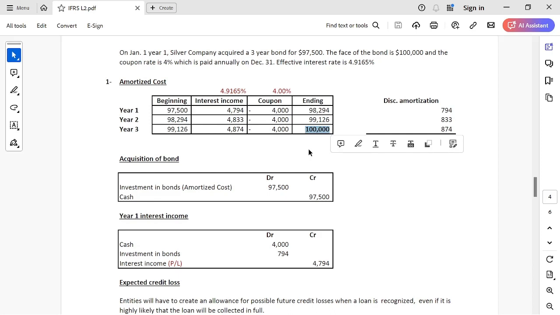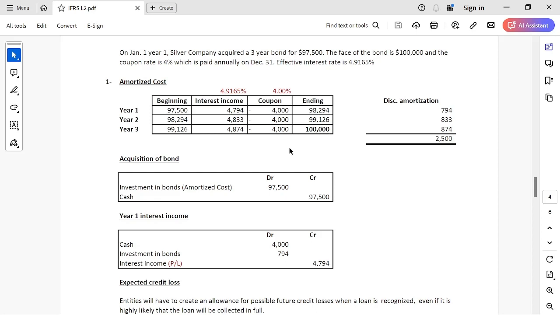So, accordingly, aren't these payments solely payments of principal and interest? These are solely payments of principal and interest. And this is the terminology that we're going to see when we look at the standard itself and when we can use the amortized cost method.